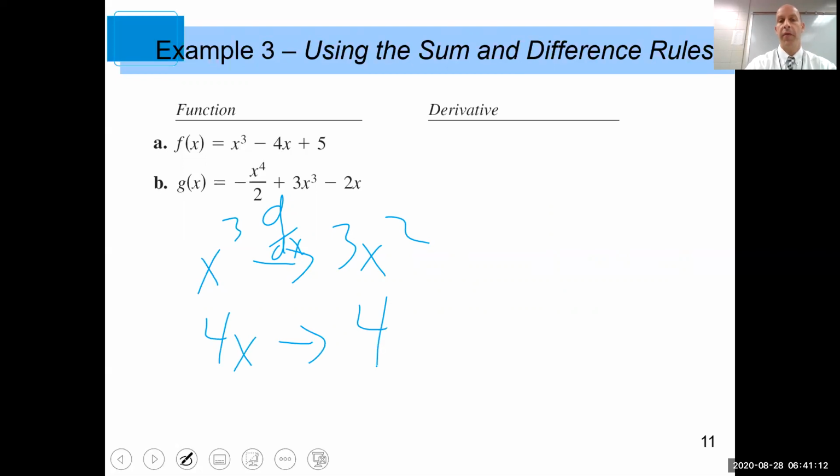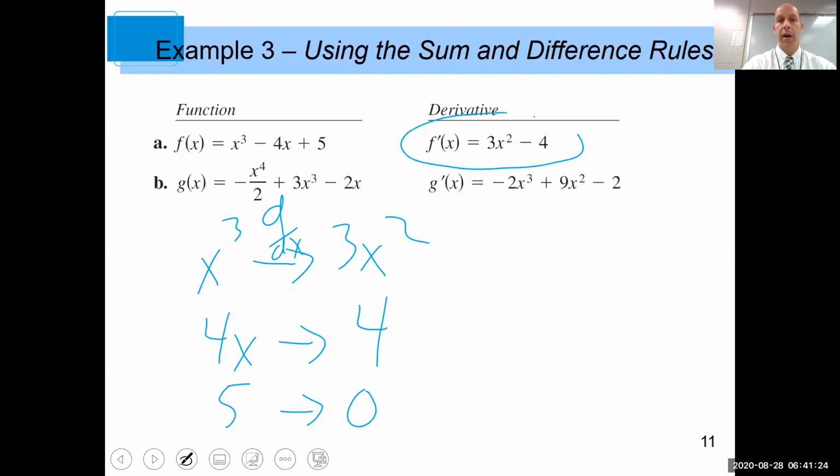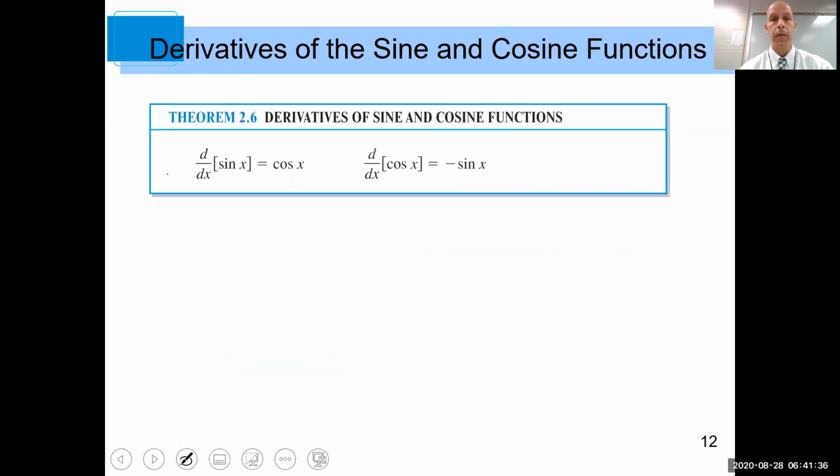Well, that's just going to become 4. And then what's the derivative of a constant? Well, that's just 0. And then just put the additions and subtractions between them. In other words, you're going to be left with f prime is equal to 3x squared minus 4. And then b is just another example if you'd like to try another one on your own.